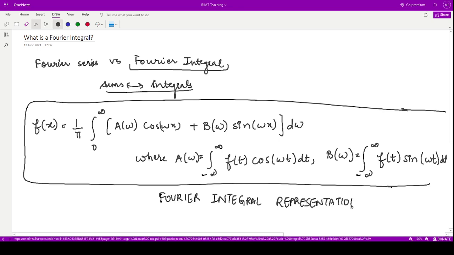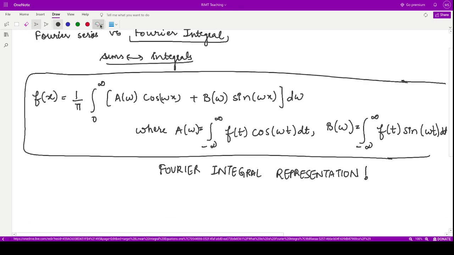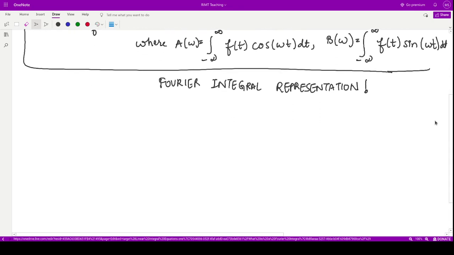Now once you know what this representation is, let's move on further to study where it comes from, what the conditions on f are and terms like that. So first of all, let me write down what conditions are required on the given function f of x.